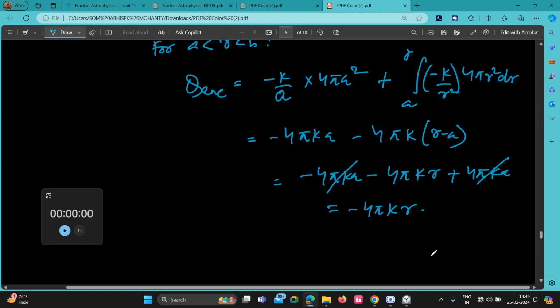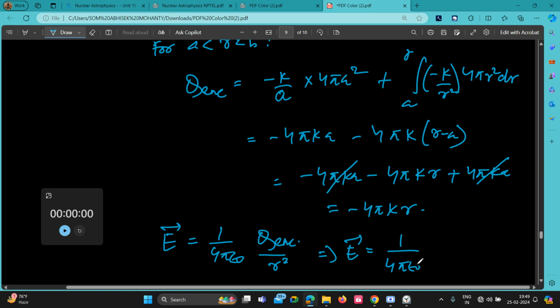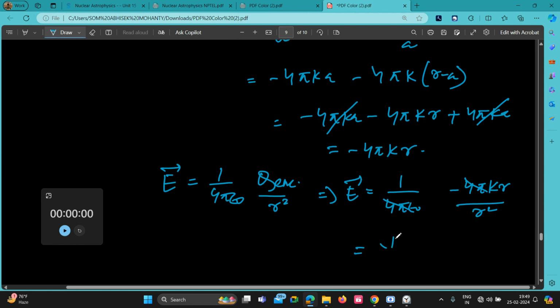So electric field is equal to 1 by 4 pi epsilon naught times Q enclosed by r square, which is 1 by 4 pi epsilon naught times minus 4 pi k r by r square. The 4 pi cancels out, so minus k by epsilon naught r. I hope you can understand this one.